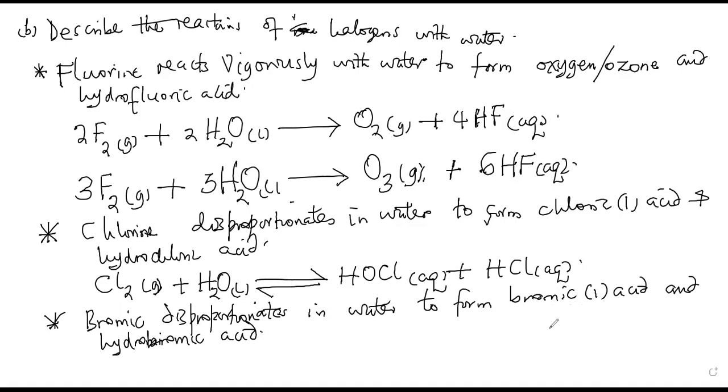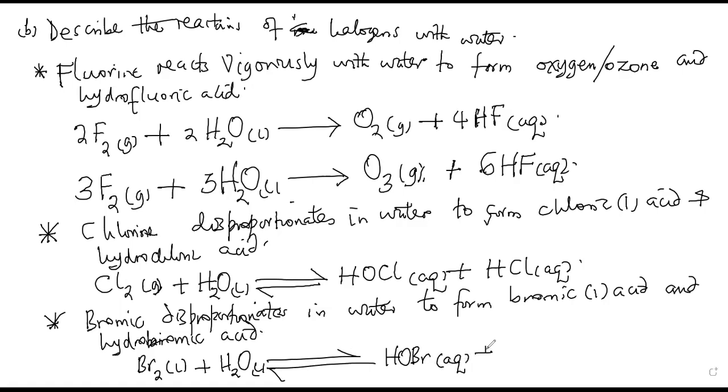Bromic 1 acid, one can call it hypobromous acid. So this is the equation. Bromine is a liquid. It reacts in water to form HBrO plus HBr. Then the final note is iodine doesn't react with water.